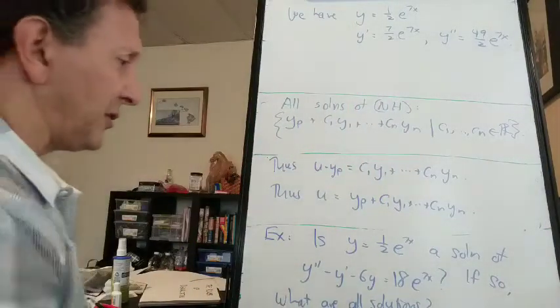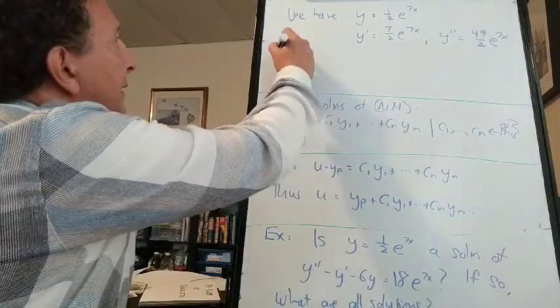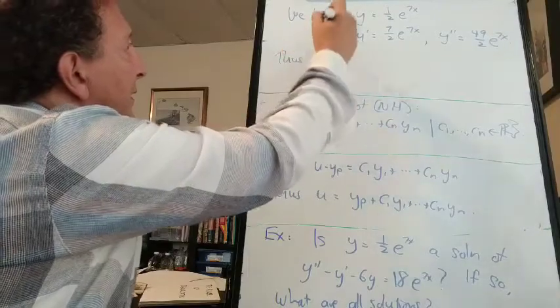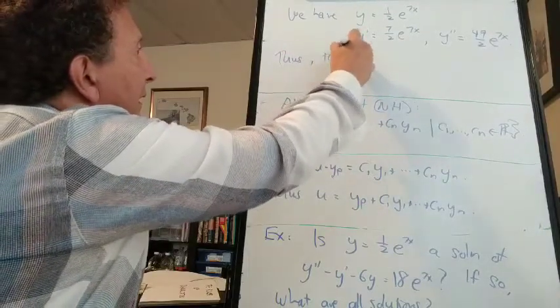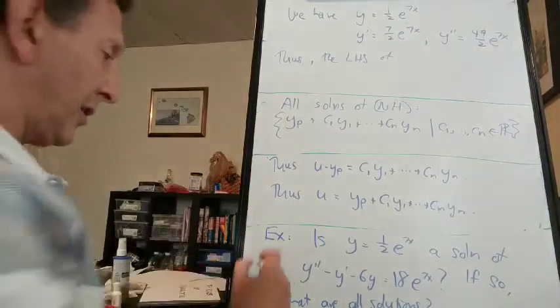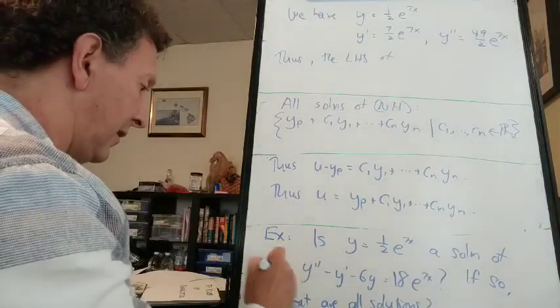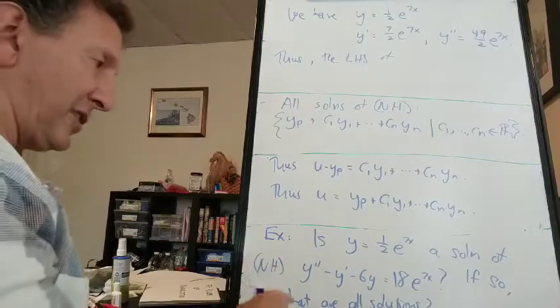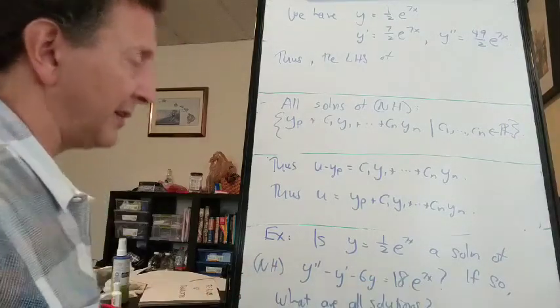And then if we plug those in on the left-hand side, let me call this equation NH. This is non-homogeneous because the right-hand side is not 0.